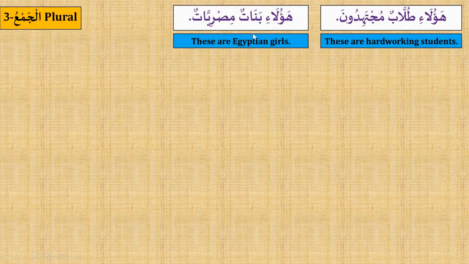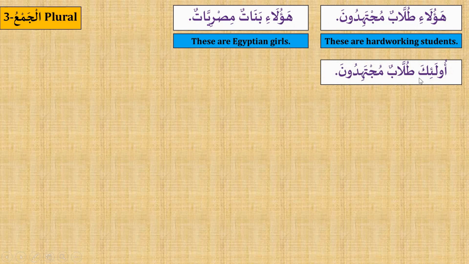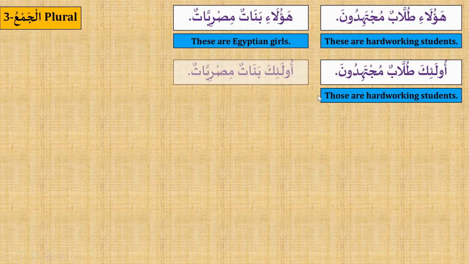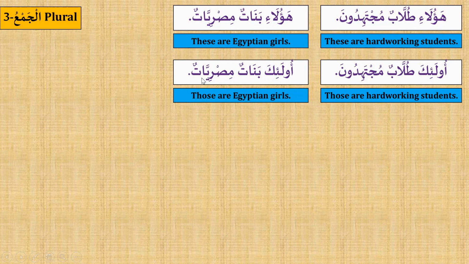These are Egyptian girls. هؤلاء is for near, and أولئك for distant. أولئك طلاب مجتهدون. Those are hardworking students. أولئك بنات مصريات. Those are Egyptian girls.